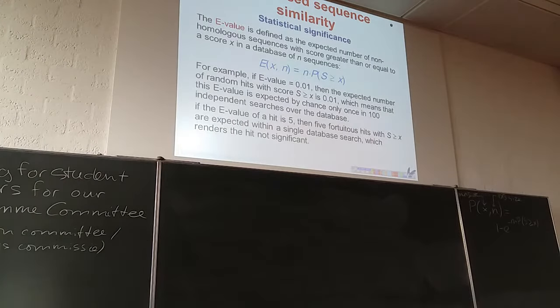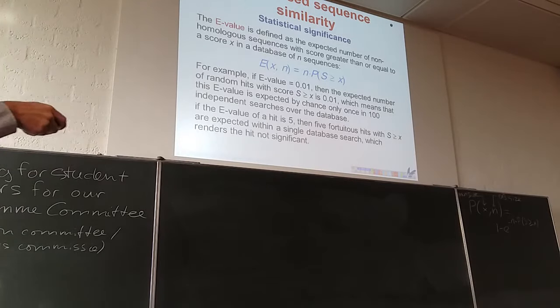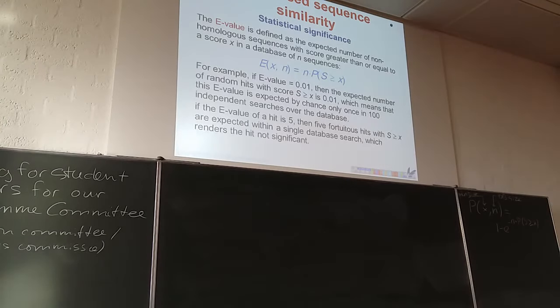But just to go into this e-value, let's say our e-value is 0.01, right? Then we expect that if we search in our database 100 times, on average, by chance, we'll find one hit with a score of X or higher. Okay.